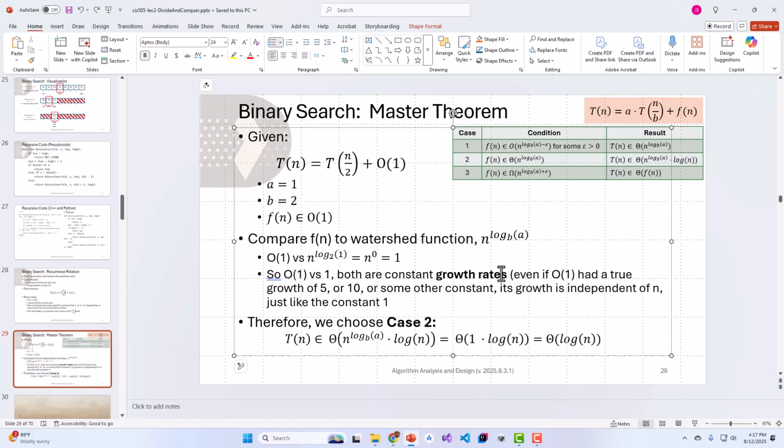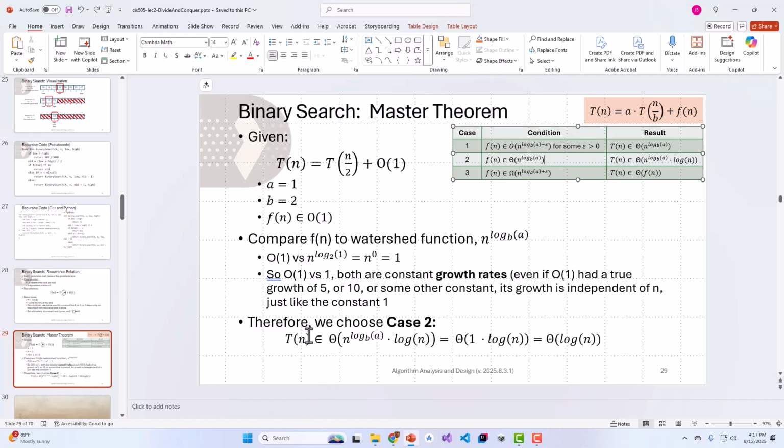Both are constant growth rates. Remember, we're interested in the rates, not the specific value. So I've got a straight up 1 right here, and it doesn't matter if big O of 1 is 165. If we compare their growth rates, since you guys love calculus, you take the derivative, and that growth rate's the same because they're both constant. There's no growth, so they are the same. So we pick case 2.